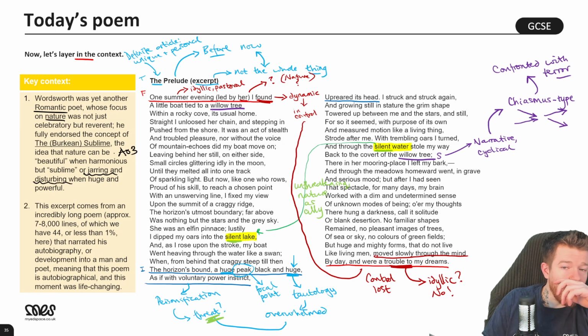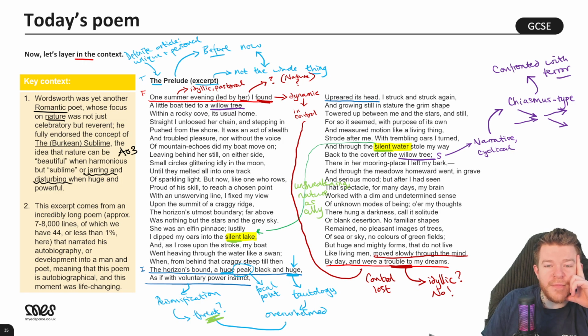So essentially what the sublime as a concept did is it reminded us of our own kind of insignificance in the face of nature in all its glory and grandeur. So there's loads of links that we can make there to the way that this speaker reacts to being confronted with something huge and powerful from nature.